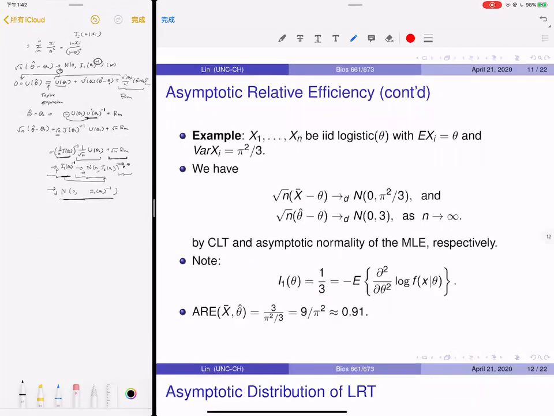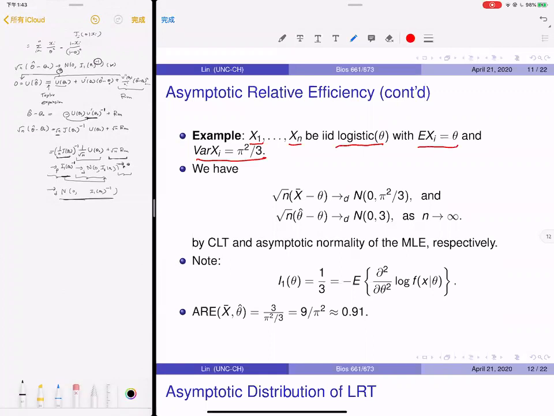Okay. So right here, if X1 to Xn are from the logistic distribution with parameter theta, you check your Casella-Berger, you'll find out its expected value is theta, then the variance is pi squared divided by 3.